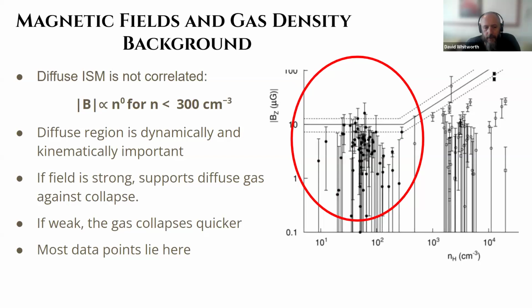As I say, they don't look at this part, and they claim that there's just not enough data here to fully analyze it. But the diffuse region is dynamically and kinematically important to cloud growth. The gas in your cloud comes from this region. And if there is a strong magnetic field here, it is going to slow down the accretion of this gas onto your cloud. So we need to look at this in more detail.